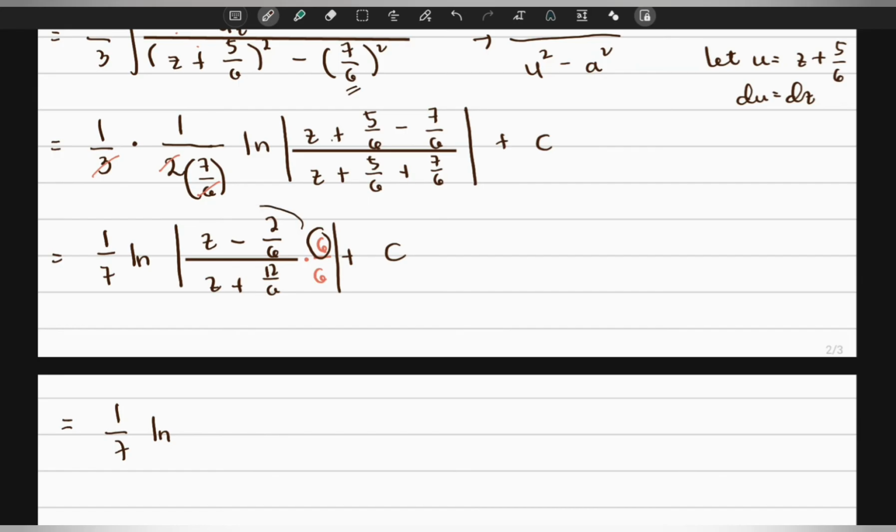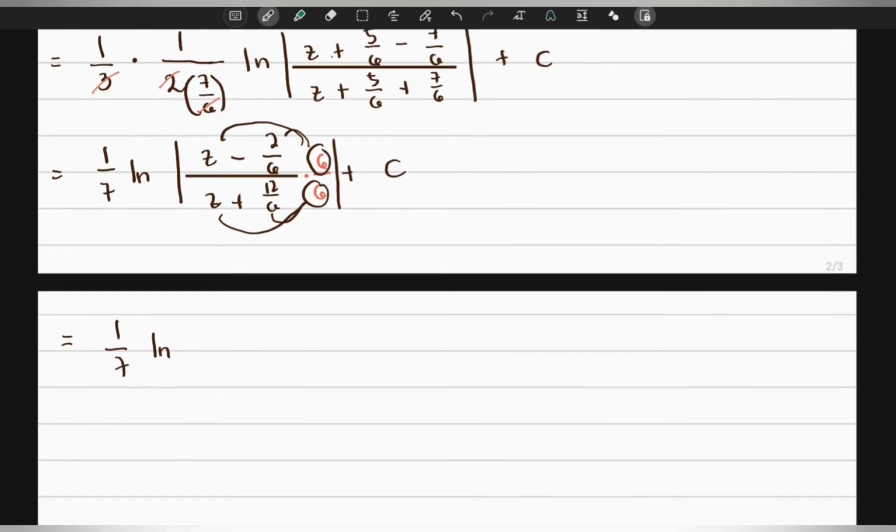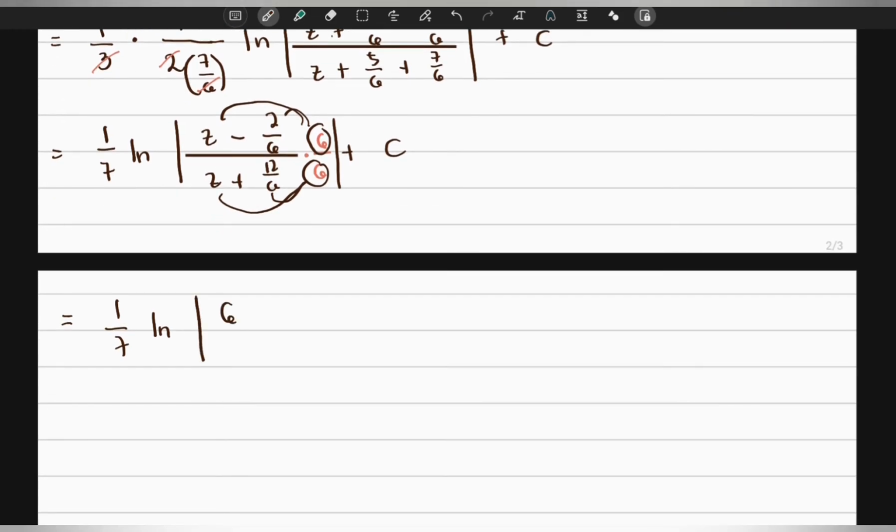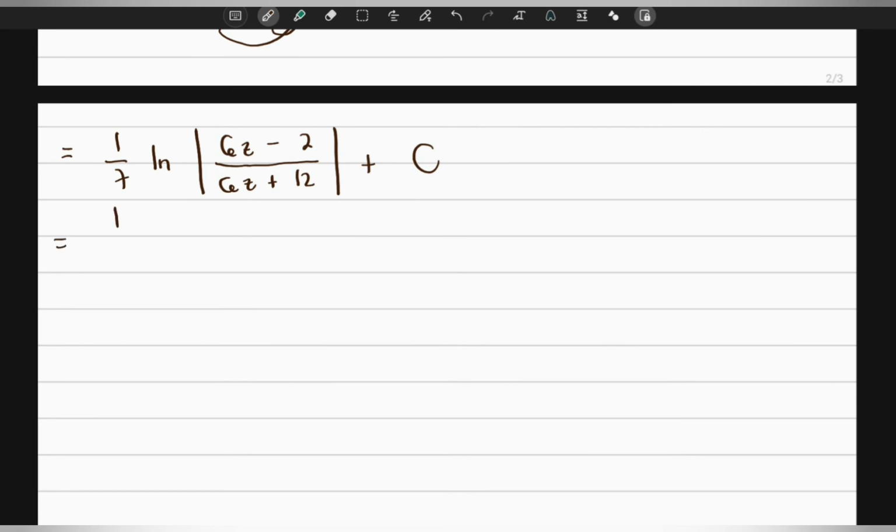So, yung 6 na to, i-multiply natin yan sa lahat ng terms. So, that will become 6z minus 2 over 6z plus 12. Okay, simplifying further, that will become 1 over 7 ln 3z minus 1. Common factor nilang lahat ay 2. Tapos 3z plus 6 plus capital C.